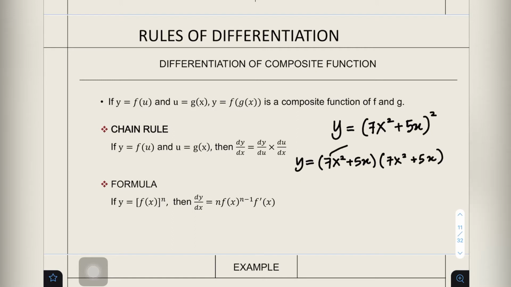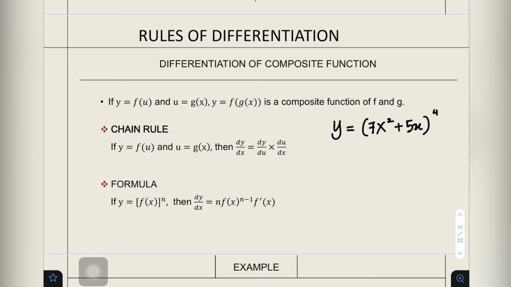Then you just expand all the terms and differentiate by using the basic technique of differentiation that we learned before. But if we have a composite function with a power of more than 2, let's say (7x^2 + 5x)^4, it will be complicated to differentiate by using the basic technique.